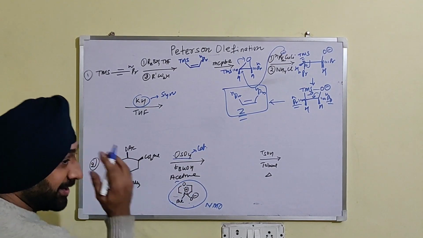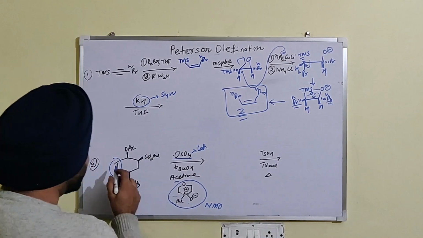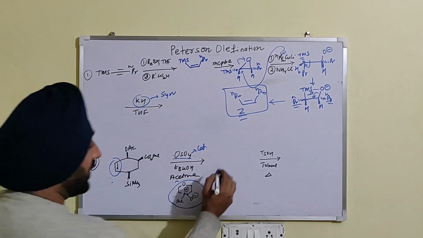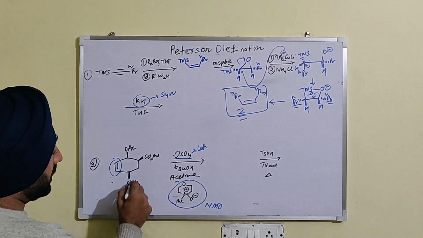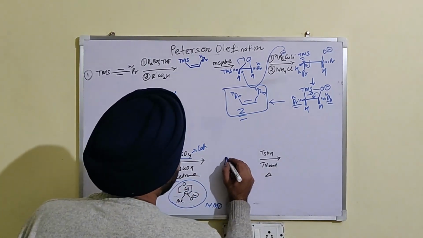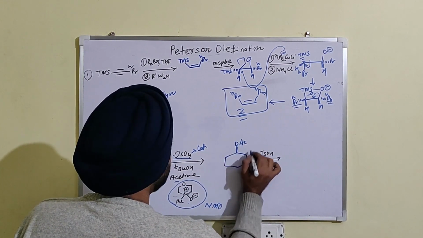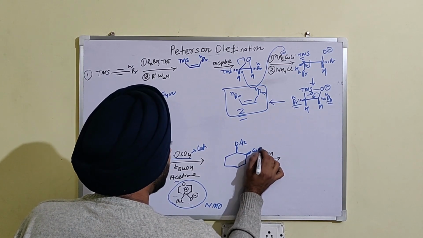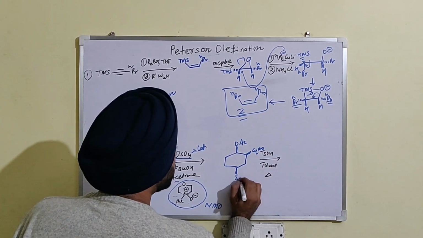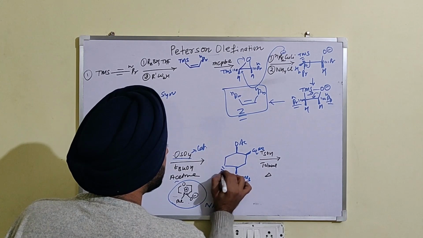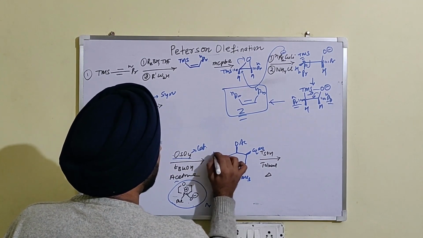Now the dihydroxylation of this alkene will take place from the alpha face, because we have the bulky groups on the beta side. So this will be the product, OAc, CO2Me, SiMe3. So this is from the alpha face.